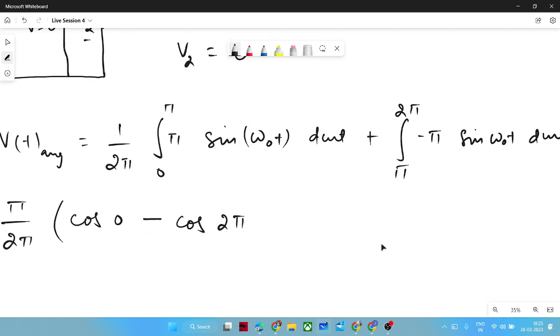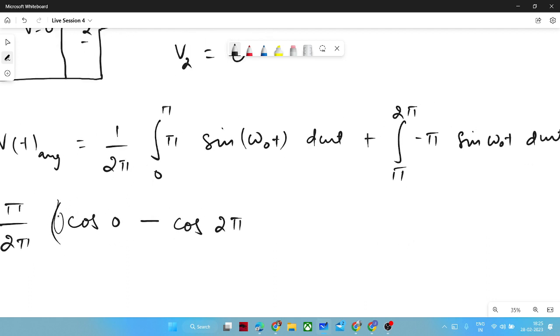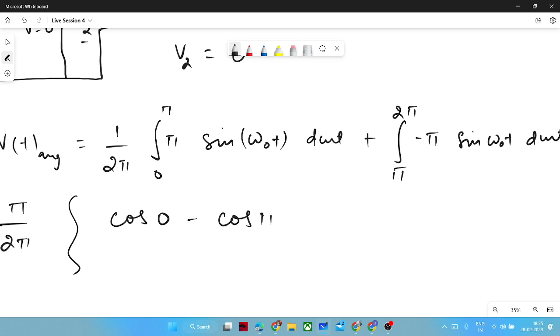And now cos 0 minus cos pi will be related with this term. And here minus 1 will be multiplied with cos pi minus cos 2 pi.